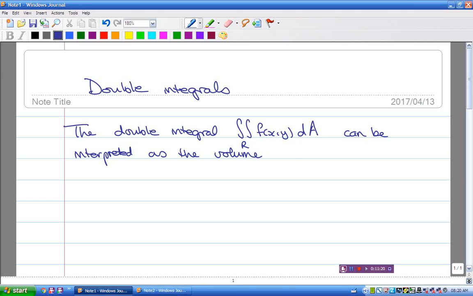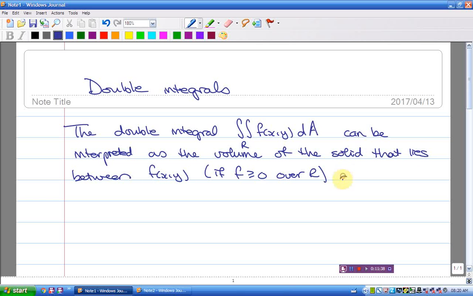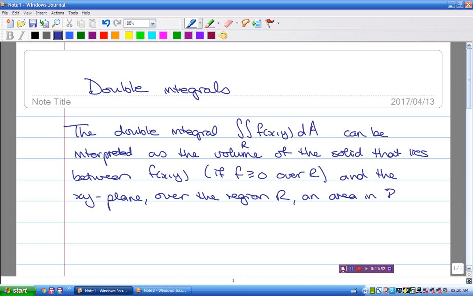The volume of the solid that lies between f of xy, if f is greater or equal to 0 over R, and the xy plane. I'm going to draw some pictures so you'll see what I mean. Over the region R, an area in R2.